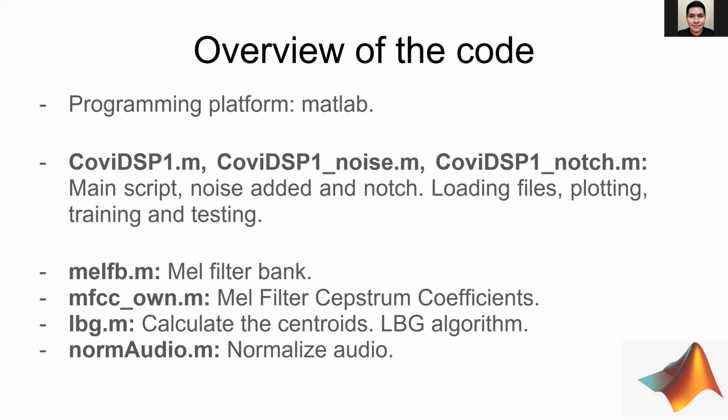We also have auxiliary methods to obtain the MEL filter bank, the MEL frequency cepstrum coefficients, and to calculate the centroids using the LBG algorithm. Finally, the most important method is the norm audio that we will explain later.